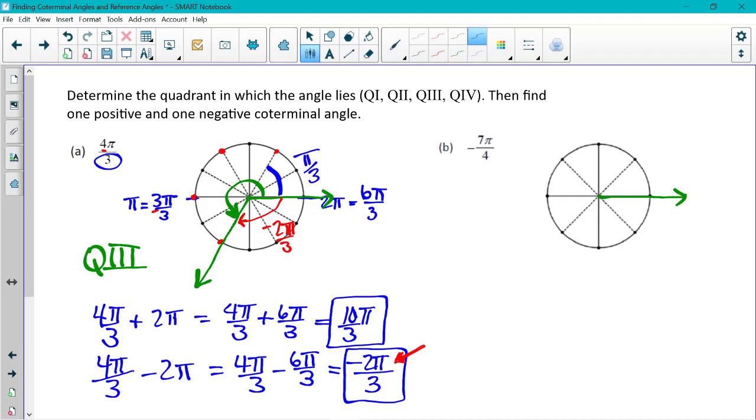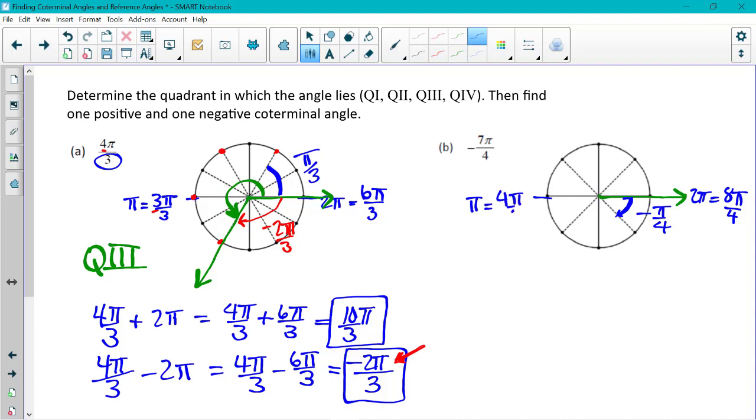So if I go one sector in the negative direction, that's negative pi over 4 radians. I need to go 7 of those. If I went one full rotation in the negative direction, 2 pi, it would be 8 pi over 4, because all I have to do is double the denominator. And pi would be 4 pi over 4.